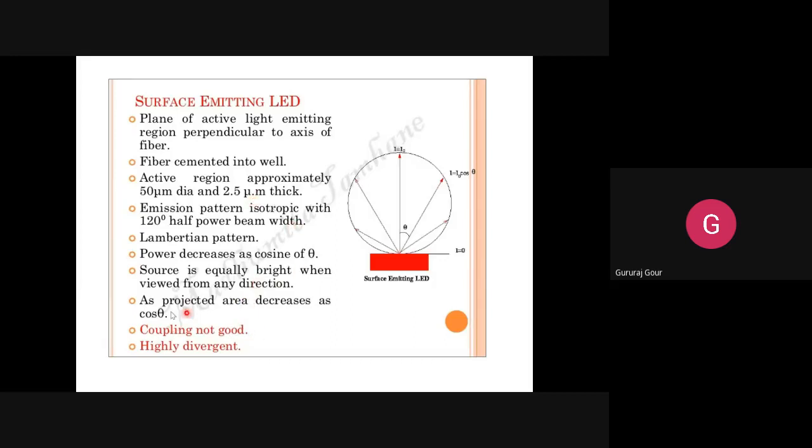But the problem is that the coupling is not good and it is highly divergent because of this. Because the pattern of the emitted light resembles a circular structure, it is divergent in all directions. That's why we take the power at least from 120 degrees, so that it appears a little bit convergent at 120 degrees compared to the isotropic. Okay.